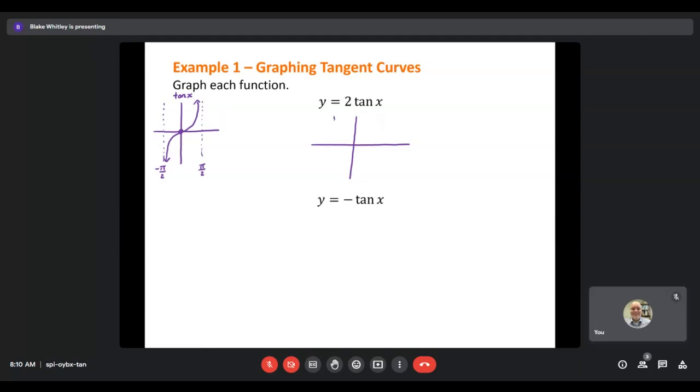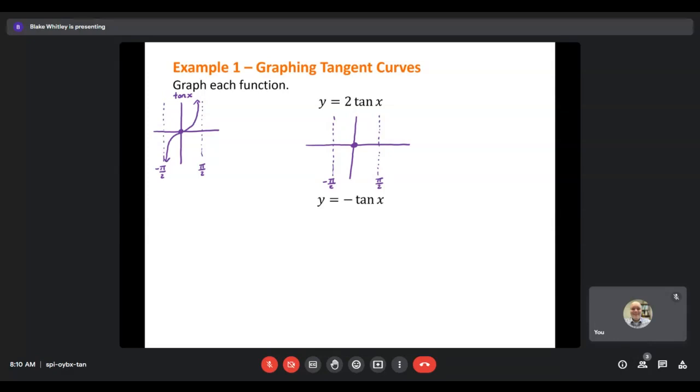And so I'm still going to have a vertical asymptote at negative pi over 2, and a vertical asymptote at positive pi over 2. Again, extending this vertically is not going to change where it crosses the x-axis. Okay, so we're still going to have our point at 0, 0.